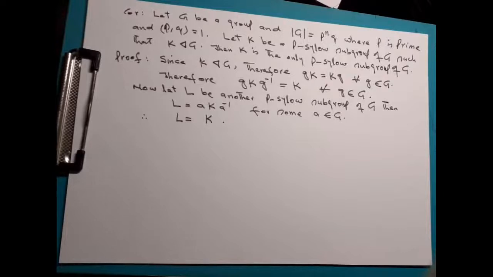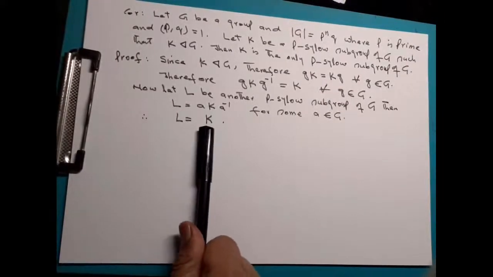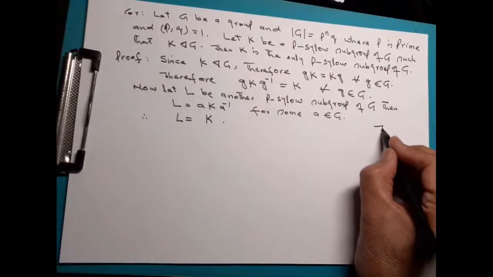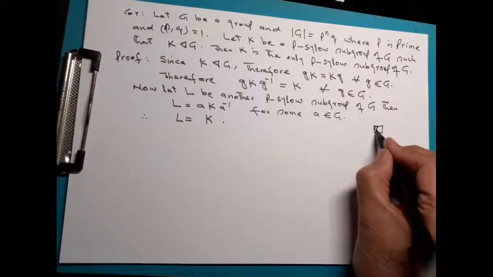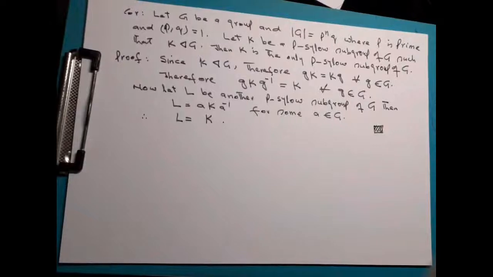So, if we are given a p-Sylow subgroup of a group G which is a normal subgroup of G as well, then that subgroup is the only p-Sylow subgroup of the group G. So this is a very important result which says that a p-Sylow subgroup, if it is normal, then it is unique. So a finite group G can have only one normal p-Sylow subgroup.